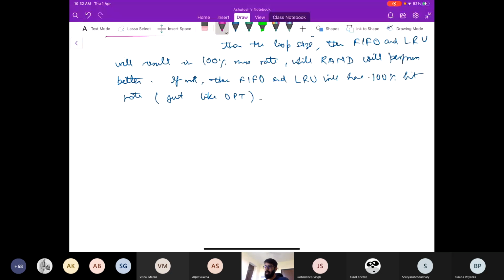So these are the policies, but how do you implement them? Let's see first the difference between LRU and FIFO. Of course RAND is easier.